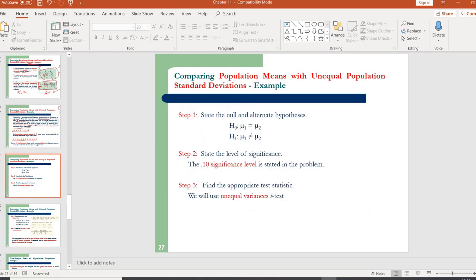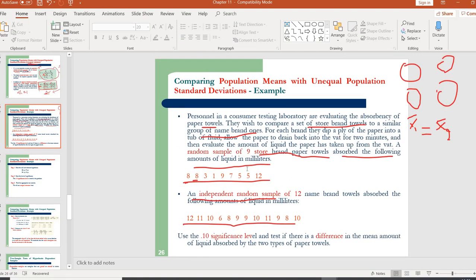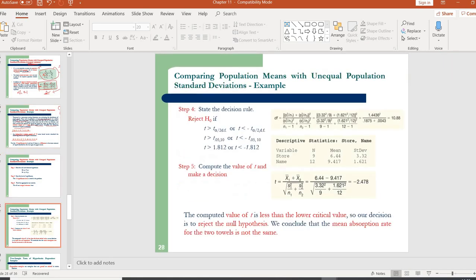Here I did some descriptive statistics, and we found that sample 1, which is a store, has 9 observations, so n is 9. For name, we have 12 observations. The mean is 6.44 for sample 1 and 9.417 for sample 2. The standard deviation is 3.32 in sample 1 and 1.621 in sample 2. These are the statistics we need, especially the mean and the standard deviation.